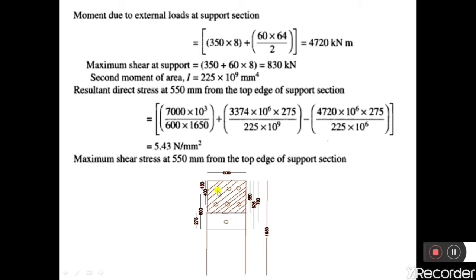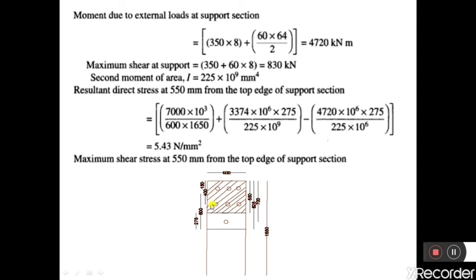So let us consider the first 3 cables. The first 3 cables are located at a distance of 150 mm from the top edge. The second 3 cables are located at a distance of 400 mm from the top edge.